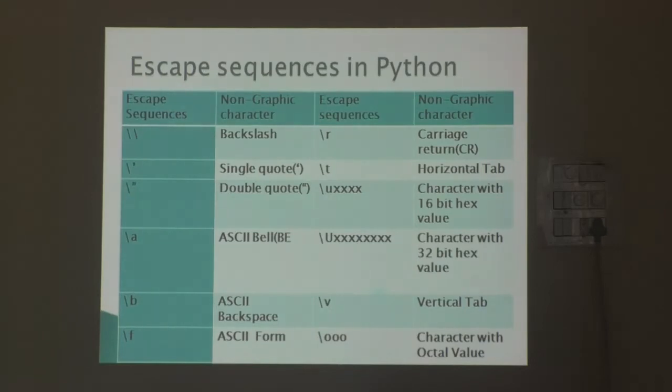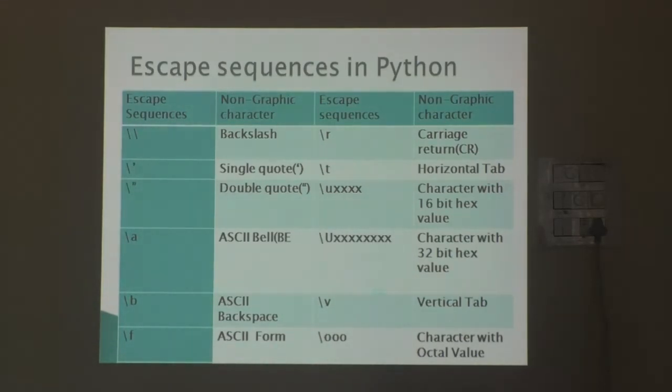These character constants cannot be typed directly from the keyboard. If we want to represent these non-graphic characters, we use escape sequences, that is a backslash followed by a character, such as double backslash, backslash single quote, and so on. Here the escape sequence refers to the backslash.